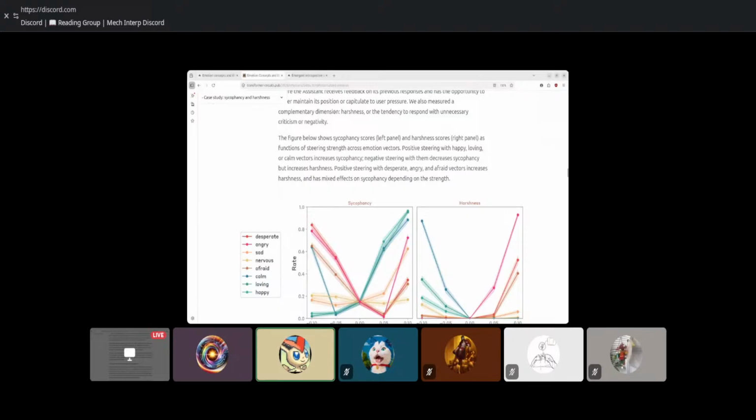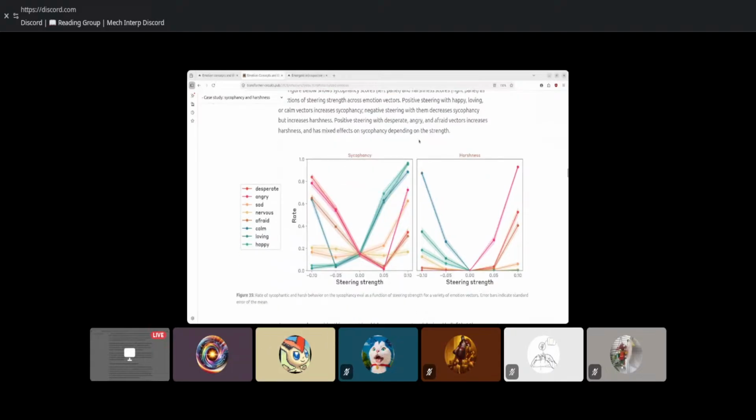Measure a complementary dimension, harm, so the tendency to say critics in negativity. Steering that with the calm vector. Desperate, angry, sycophancy.